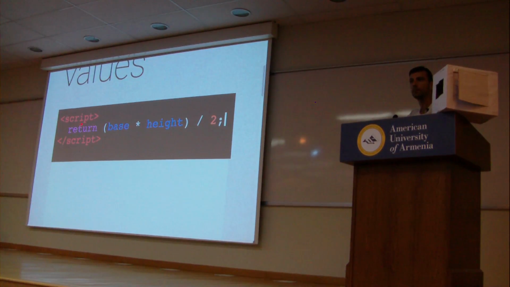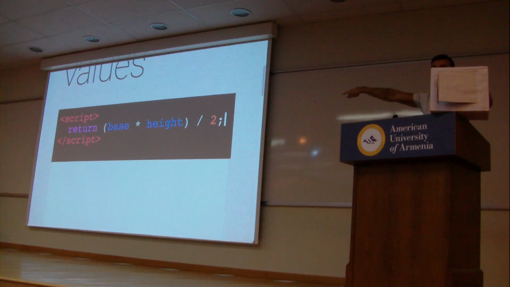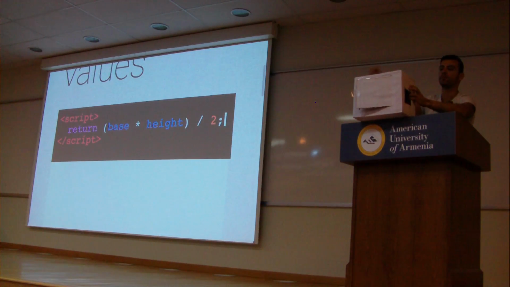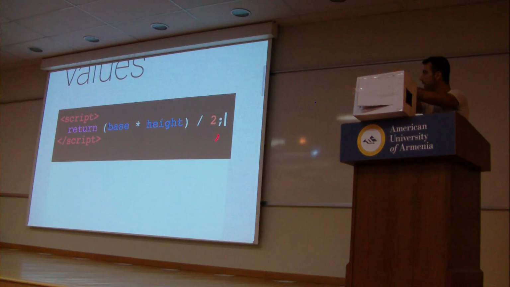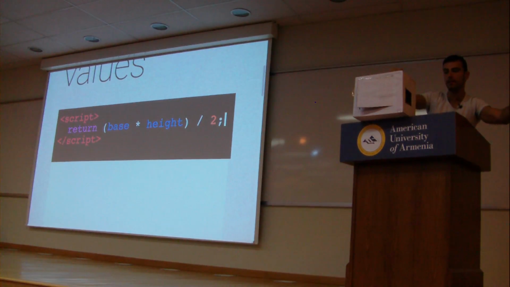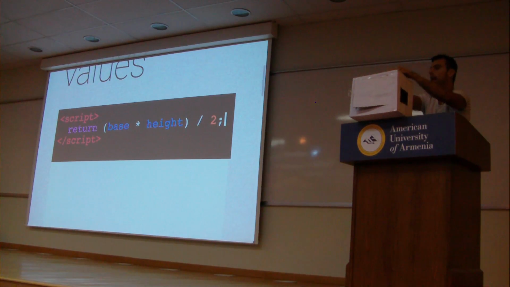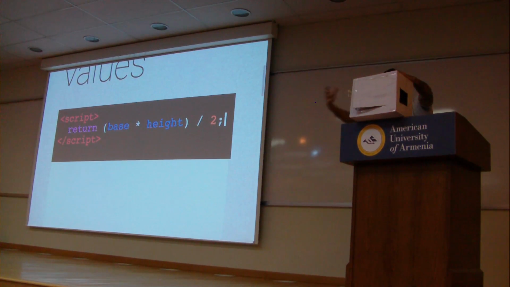This is the new thing. Return. Return is what you call to push something out of this box. So what's going to happen? I'm going to pass in these two, base and height, as input into the box, and then it's going to return, give me back, push out, think of it however you want, the result of multiplying base times height and dividing it by 2.